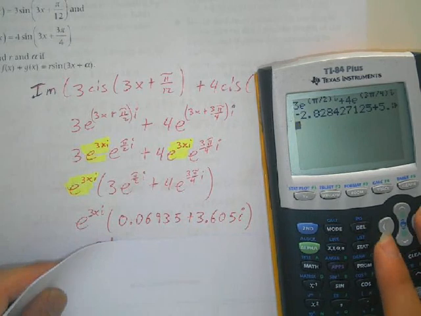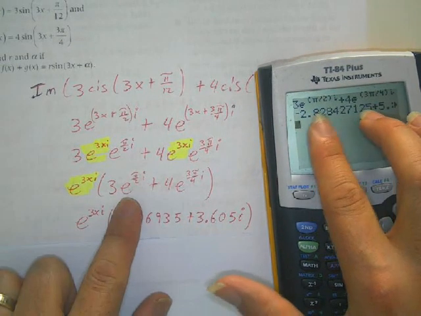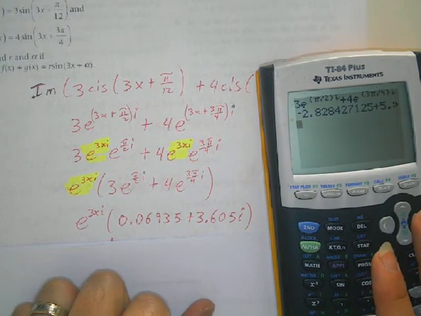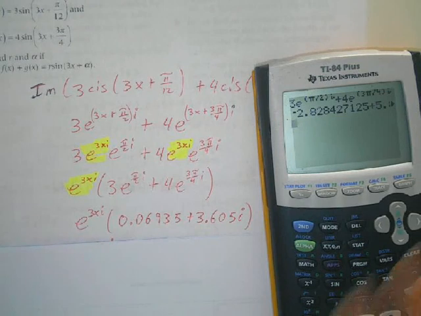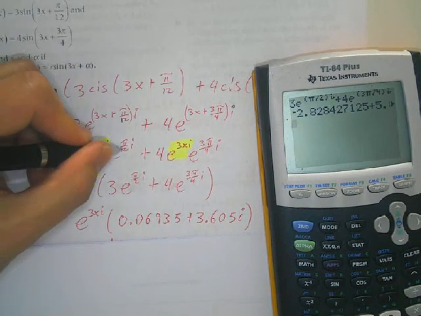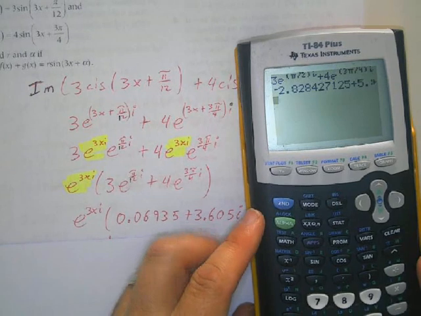I wonder what happened here. Oh, oopsies, this is pi over 12, not over 2. How silly.